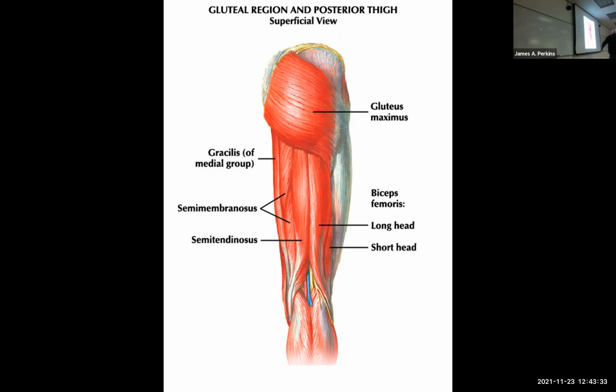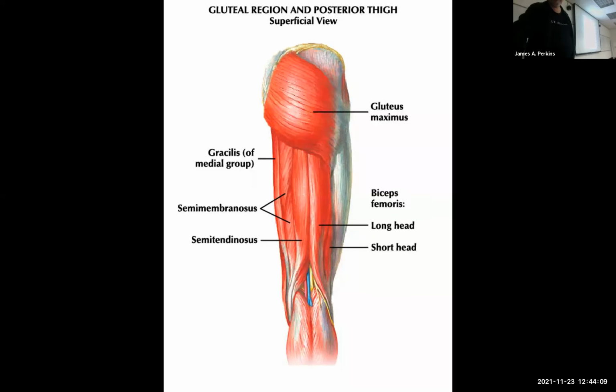When you pull the greater trochanter that way, it's going to externally rotate the whole thigh so that the toes point laterally away from the body. So when you pull the greater trochanter posteriorly and medially, it has the effect of rotating the entire thigh, the entire femur, so the toes point laterally. That's the external or lateral rotation of the thigh.